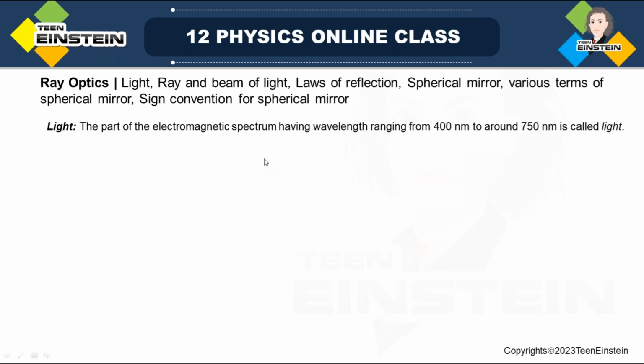In this chapter we'll be learning reflection of light, basically spherical surfaces, spherical mirrors, spherical lenses will be discussed in this chapter, and also we'll learn the combination of lenses, etc. So let us start with today's discussion.